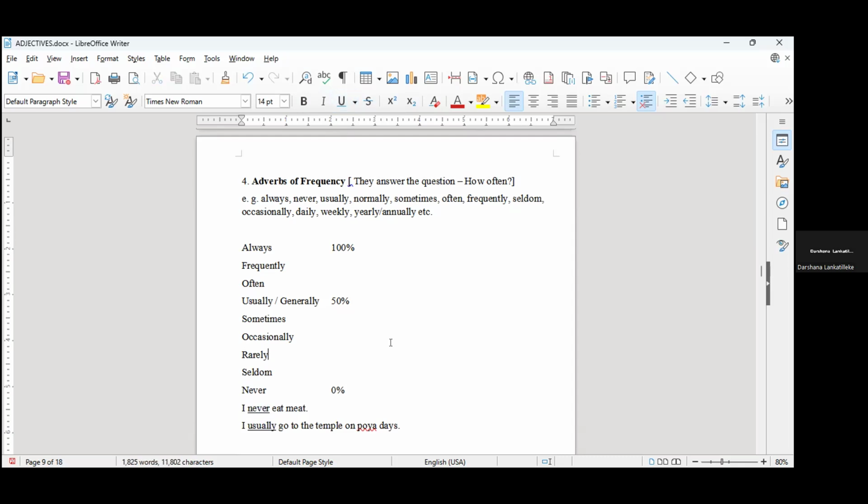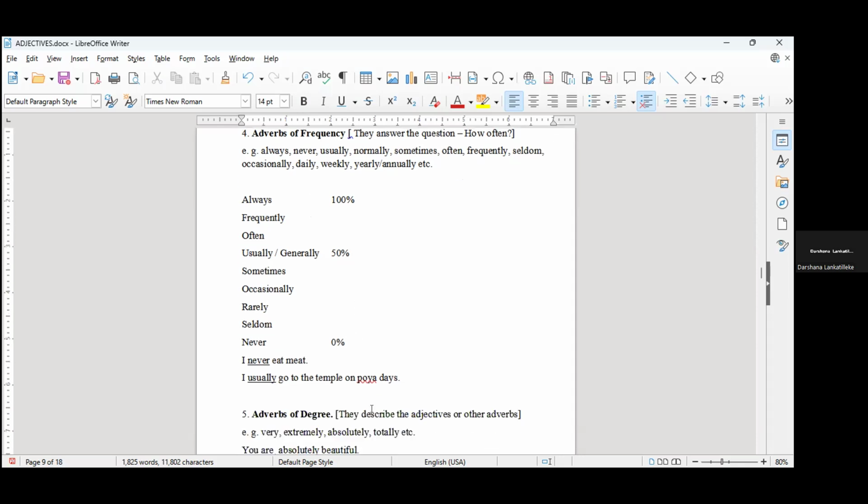Eat is the verb here, so before the verb we have used the frequency adverb. And I usually go to the temple. Go is the verb, so before go we have used this frequency adverb. The other words, especially adverbs of manner, we often use after the verb. And adverbs of time and place are also used at the end of the sentence. But these adverbs of frequency we use before the verb.